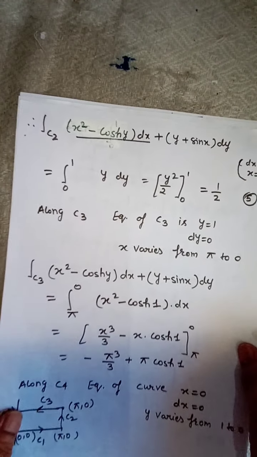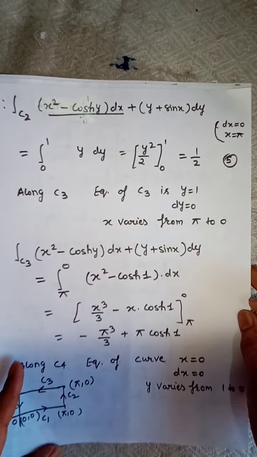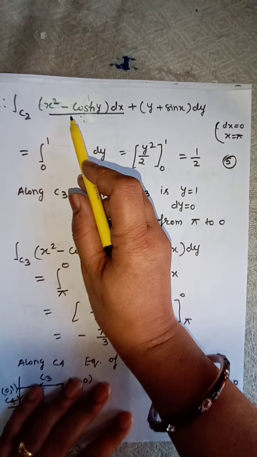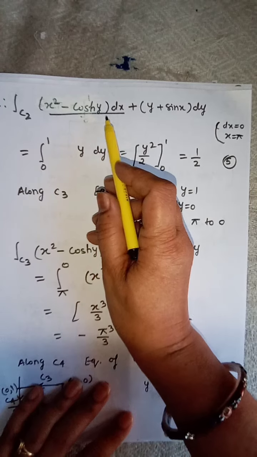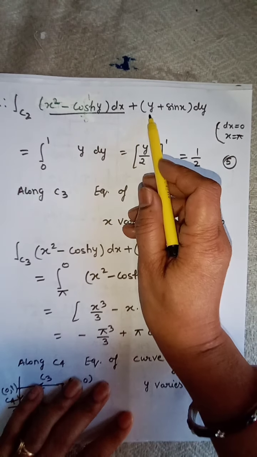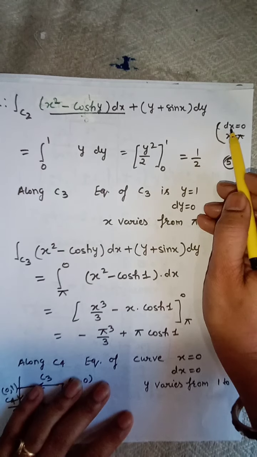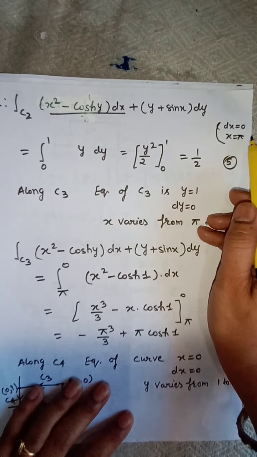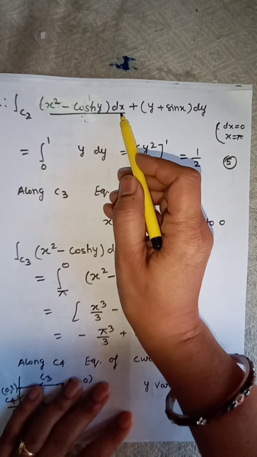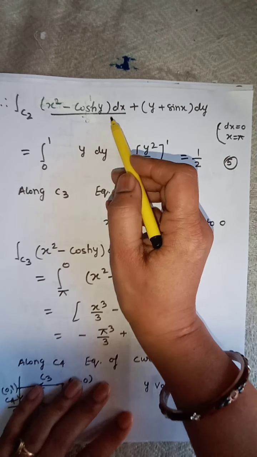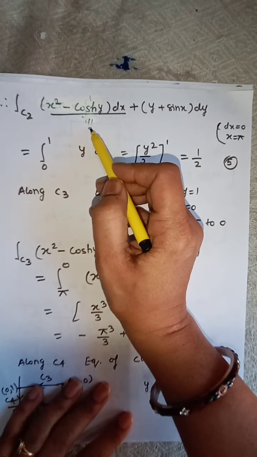Now we find the line integral along the curve C2. So along C2, x square minus cos hyperbolic y dx plus y plus sin x dy. Here dx is 0 and x is equal to pi. So when we put dx equal to 0, this first term will become 0.